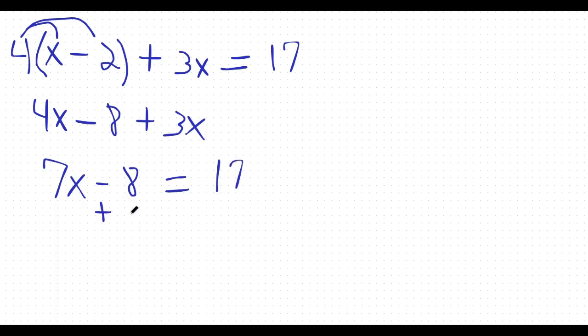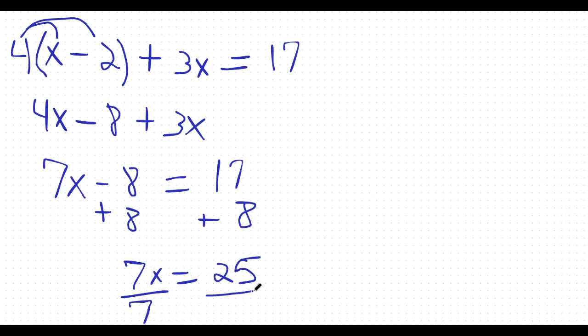Now we add 8 to both sides. Anything we do to one side, we must do to the other. And we end up with 7x equals 25. Let me make sure that's right. So we're going to divide both sides by 7.